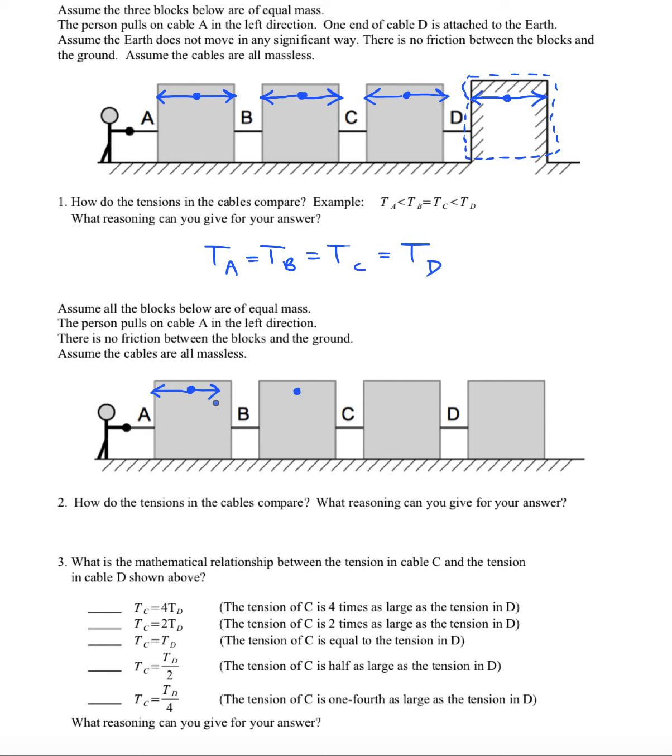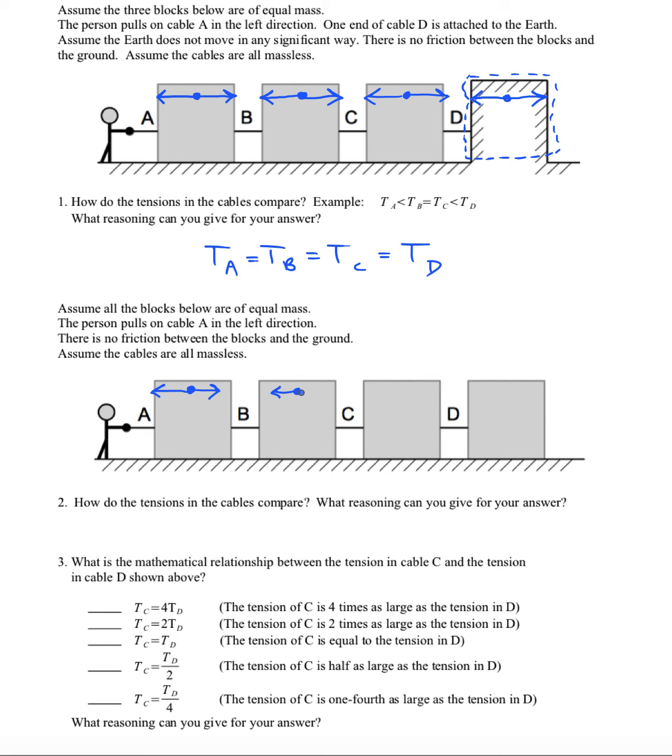Okay, now if cable B exerts that magnitude of force on the first block, then it's actually going to exert the same magnitude of force on the other block that it's attached to. But this block also needs to be accelerating.